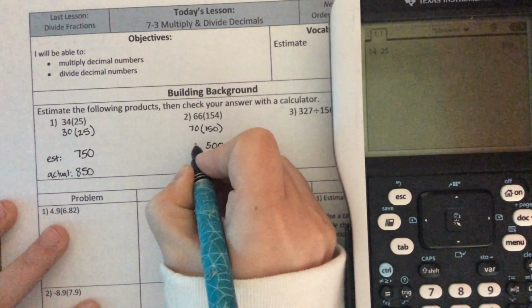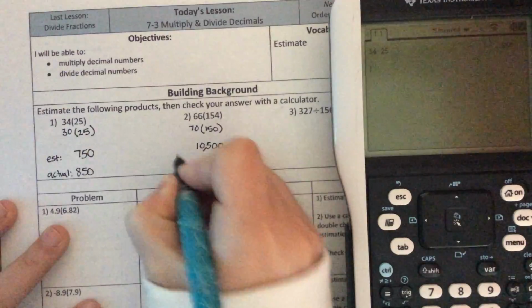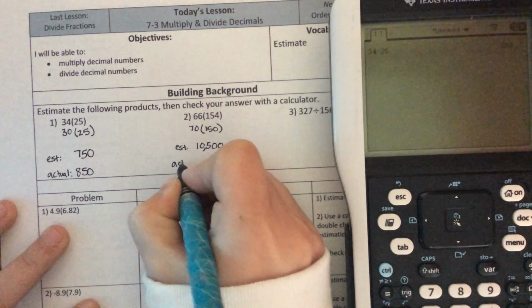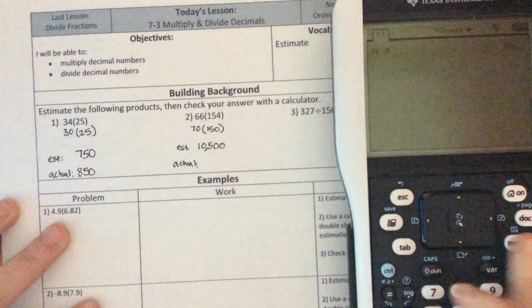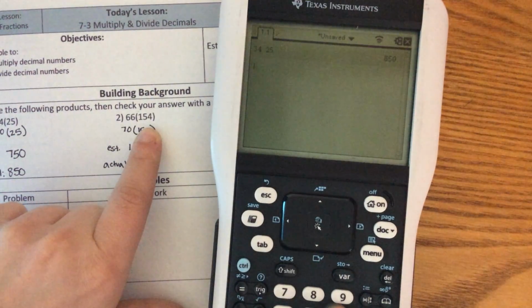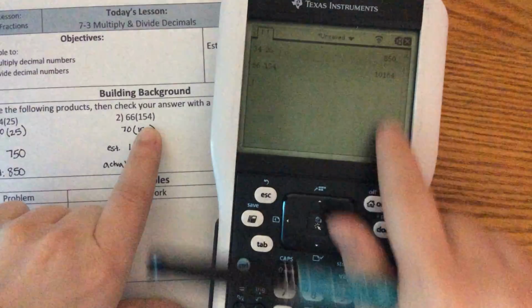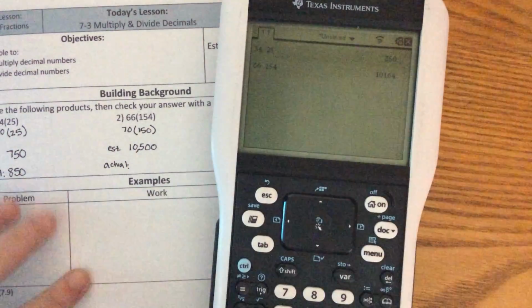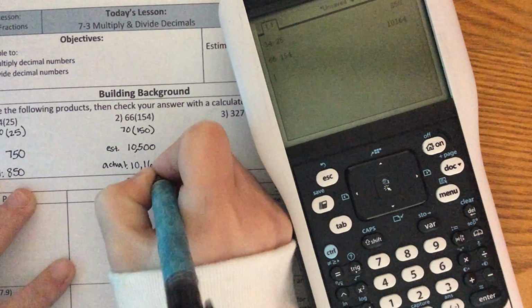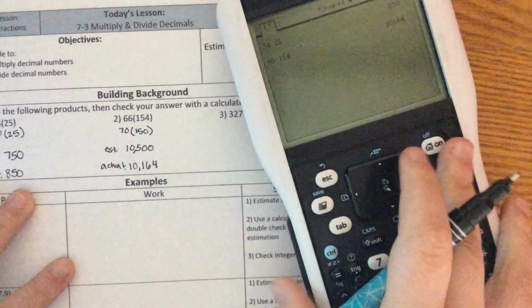Carry the 3. So that's going to be about 10,500. So that's my estimation. Okay, my actual, I'm going to use my calculator and type in 66 times 154. And we get 10,164. So a little off, but not bad. Pretty close.